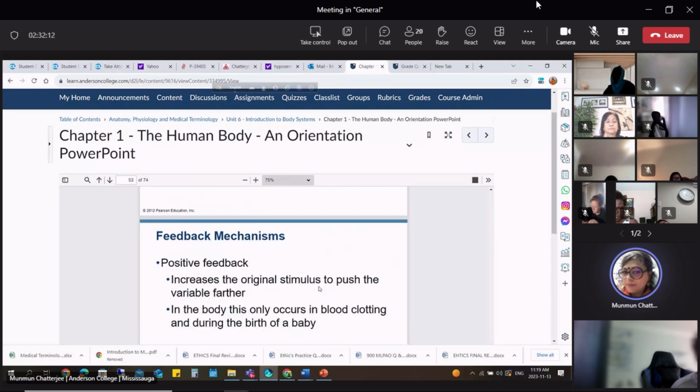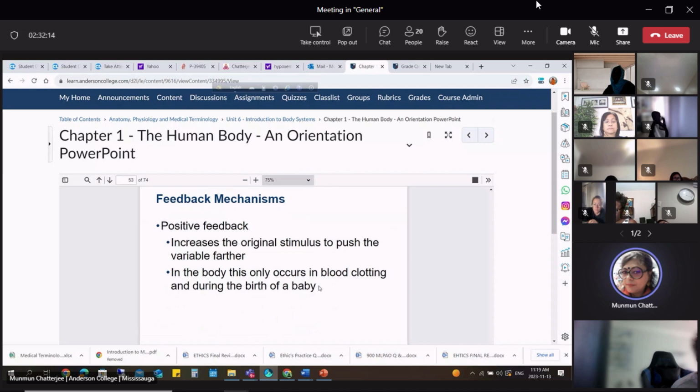Now we have positive feedback, when it has to increase the stimulus to push the variable further. Positive feedback occurs in blood clotting or during the birth of a baby. In blood clotting, you have to form more platelets to stop the bleeding.